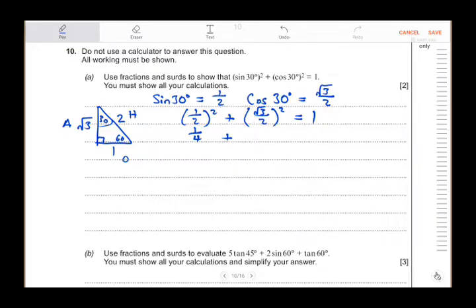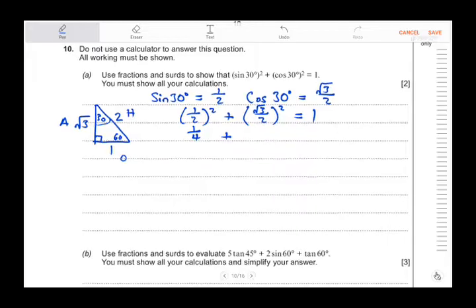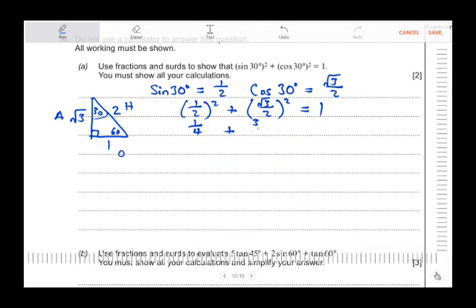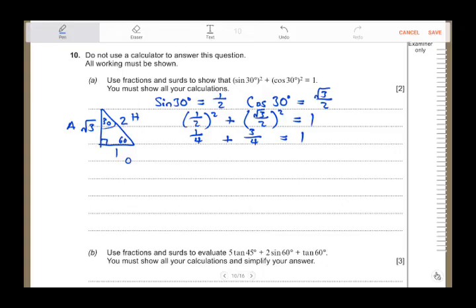So square root of 3 squared is 3, and 2 squared is 4, equals 1. So we are now showing that a quarter plus 3/4 equals 1. Yes, that is true. So we've used fractions, and that is a surd because it has root 3 in there. So we've done what they've asked. We've shown that sine 30 squared plus cos 30 squared equals 1.